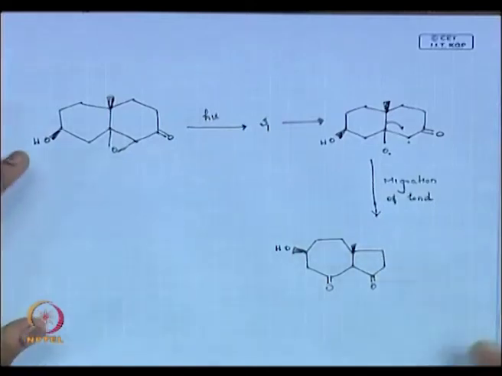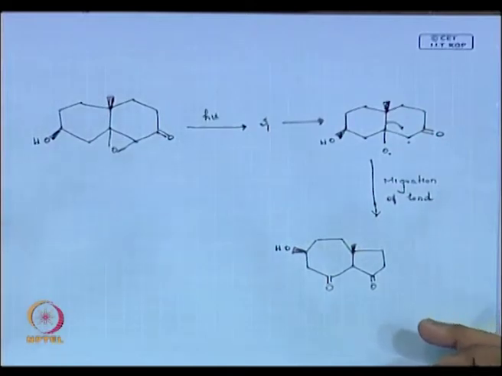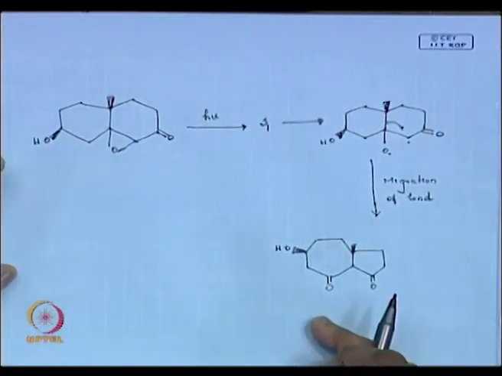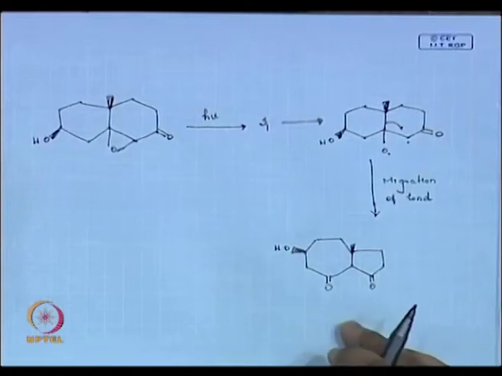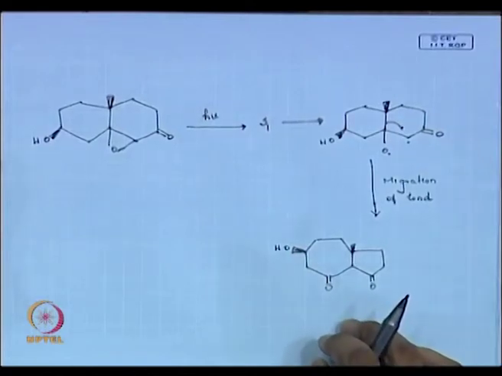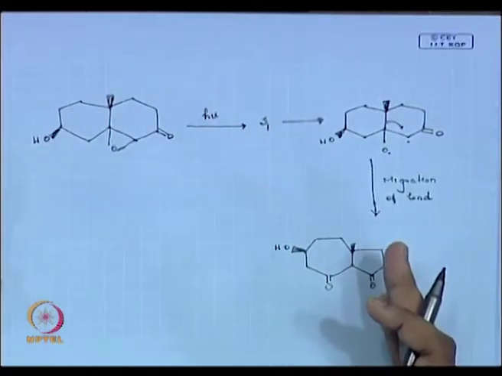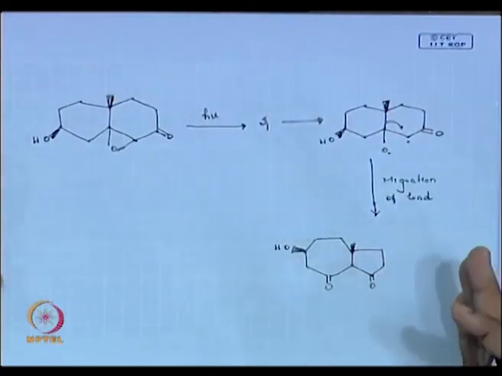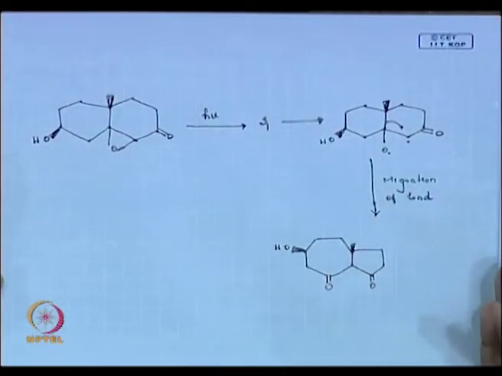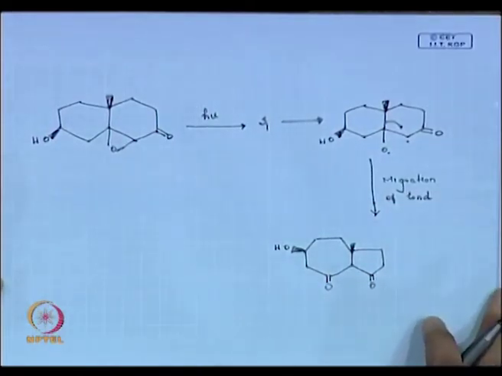So, you are getting one ring expansion on one side and a contraction on the other side. So, you are getting a type of heptanone and pentanone system, and this reaction goes so nicely, it is very hard to do in other ways. Just by shining light you get this product nicely, very good migration happens. Okay.